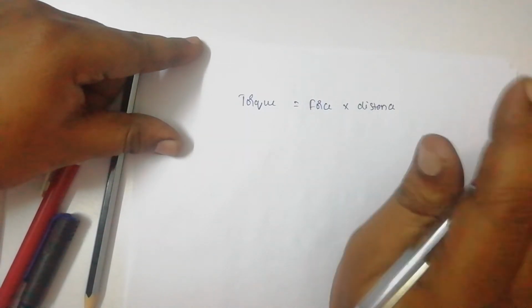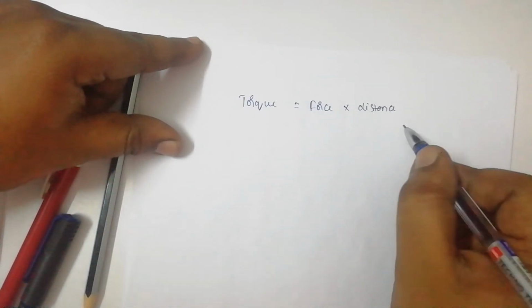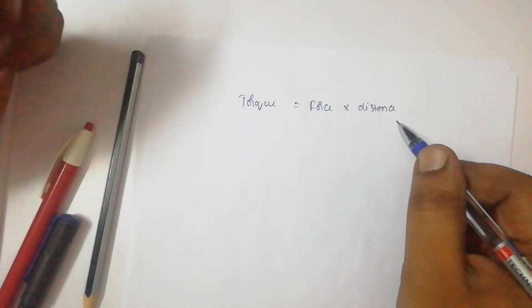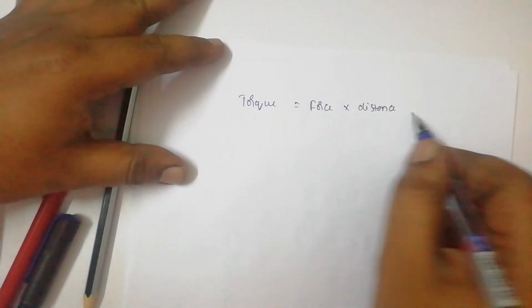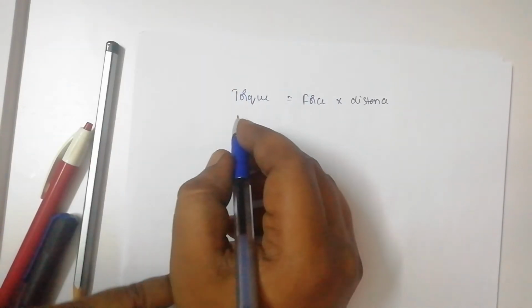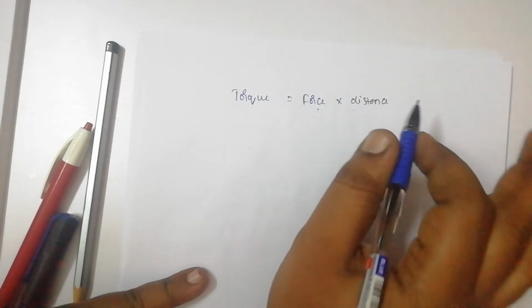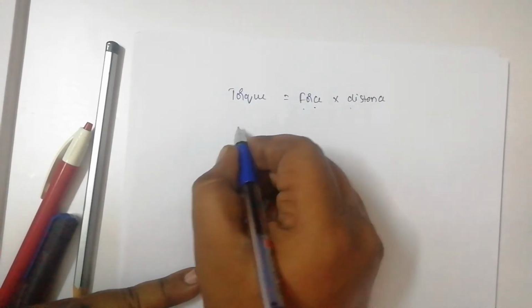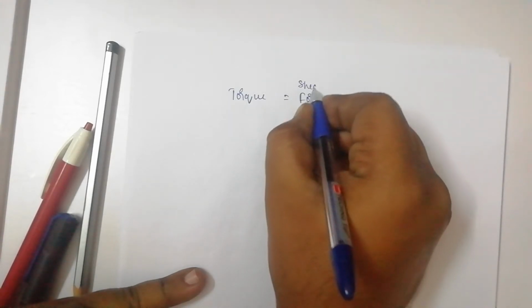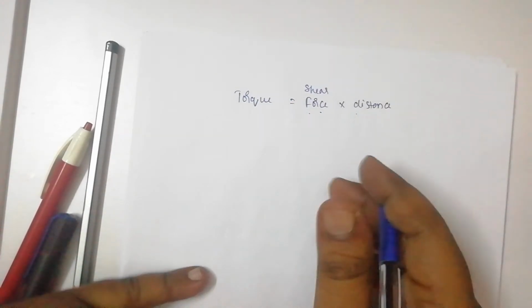For example, if you are opening a door, you will get some moment, some torque to rotate it. The same thing happens here also. Now, torque is equal to force into distance, but what is this force? This force is nothing but shear force, so we generally write torque is equal to shear force into the distance.